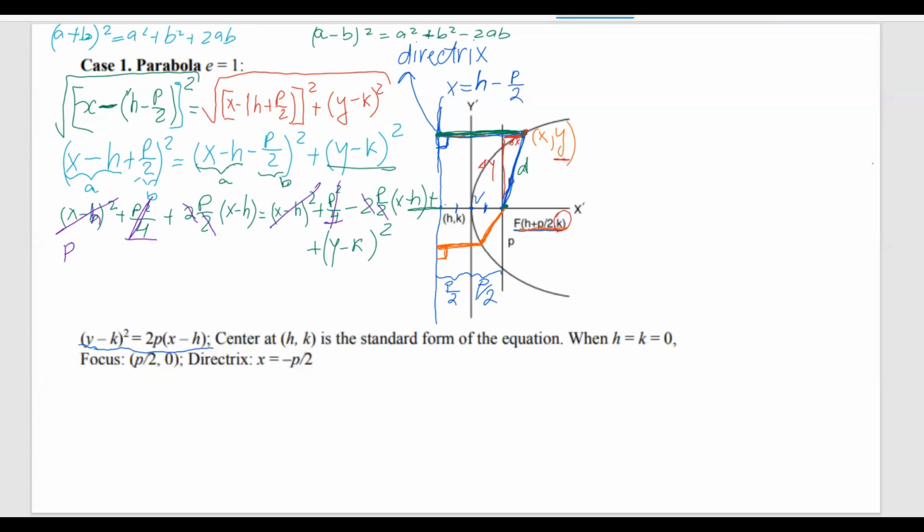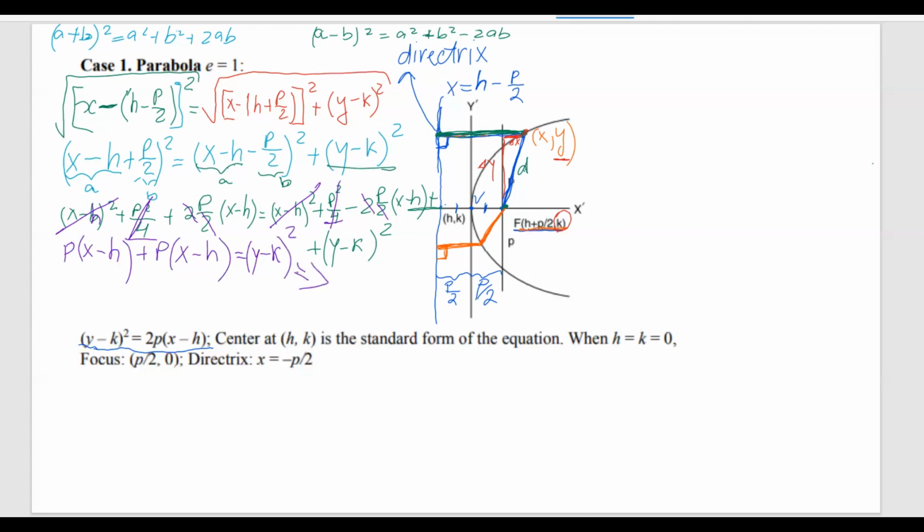So we have p times x minus h, and we have another p times x minus h on the other side. So if I take it on the other side of the equal sign, this is going to become a positive. So I have plus p times x minus h equals y minus k squared.